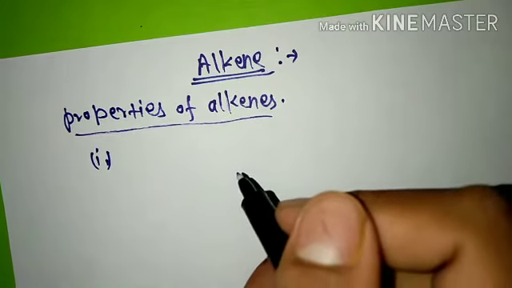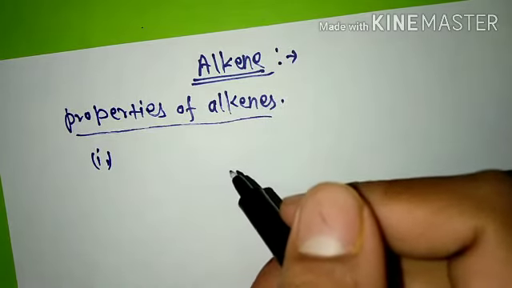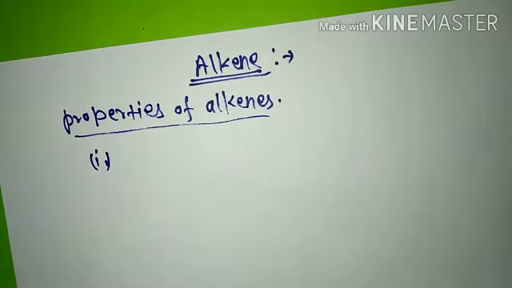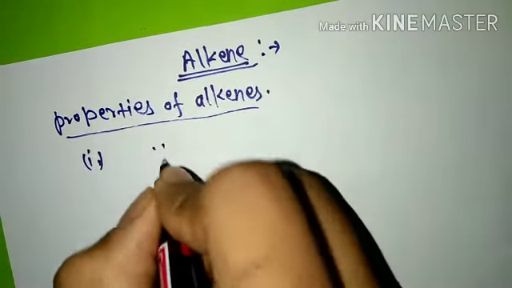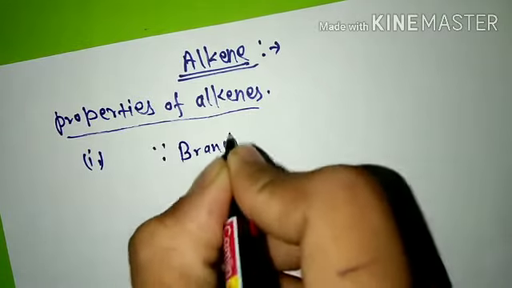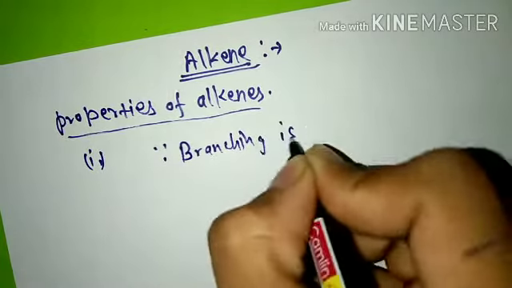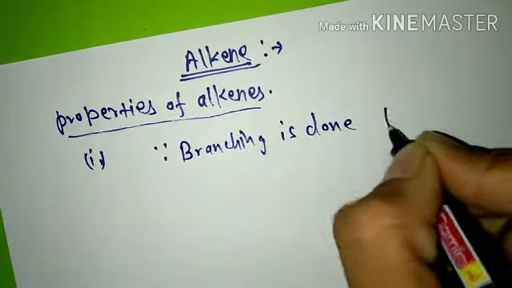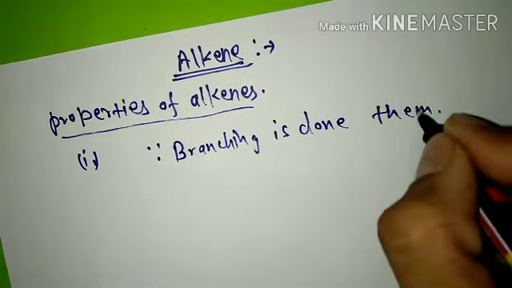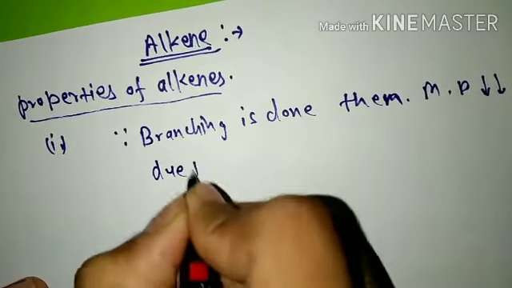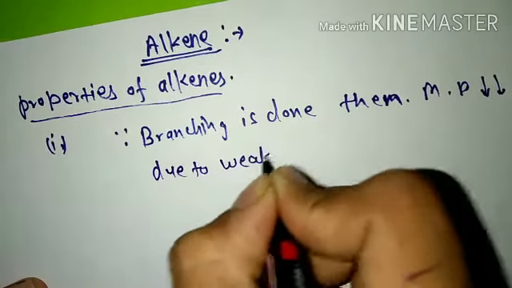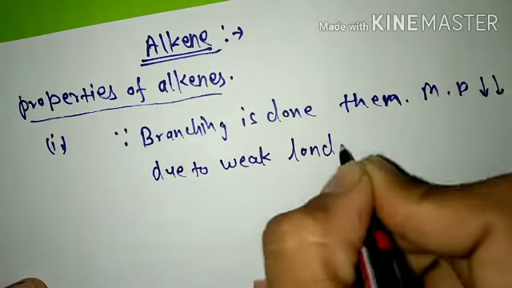If chain is increased, then boiling point increases. If branching is done, then boiling point decreases. So like alkane, if branching is done, then melting point decreases due to weak London forces.